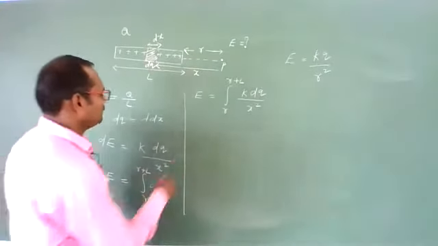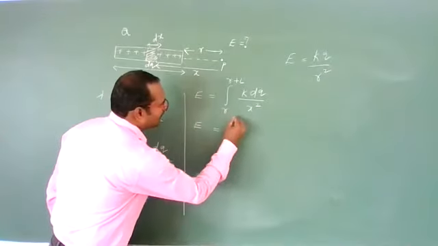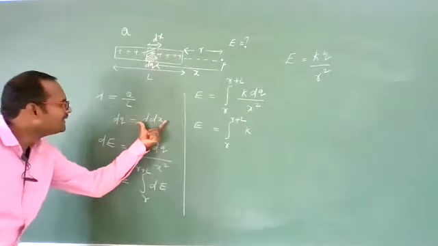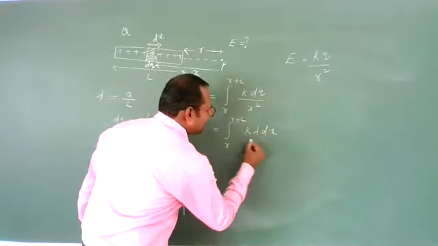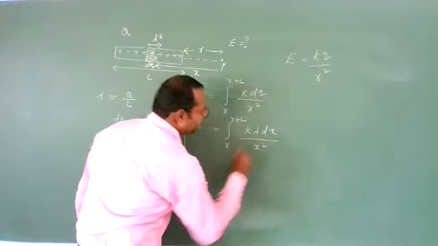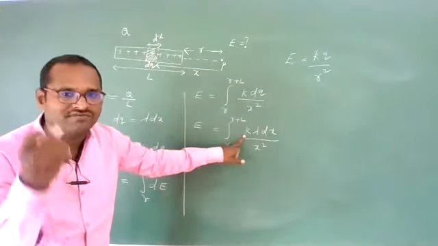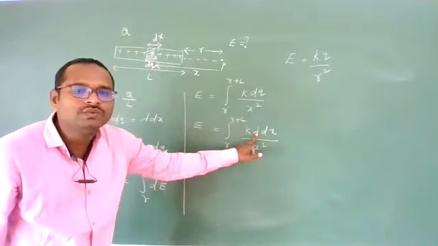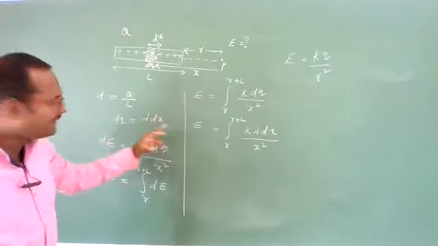Now, E will become the integration from r to r plus L of k times dq. What is the dq value? Lambda into dx, divided by x square. Already I told you k, 1 by 4 pi epsilon naught, is constant.